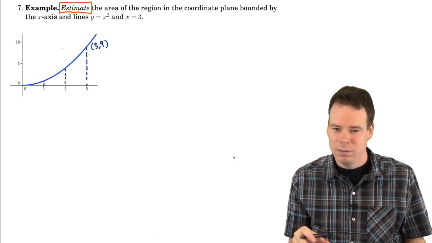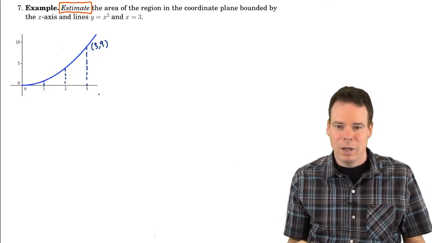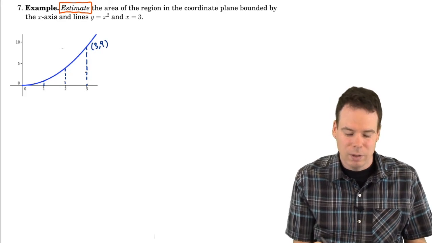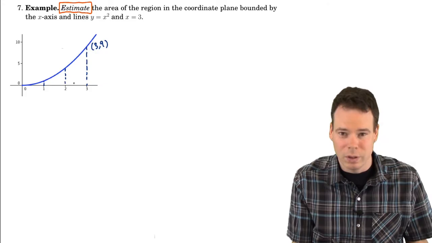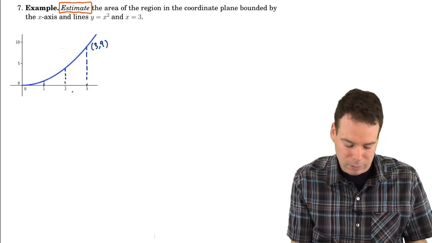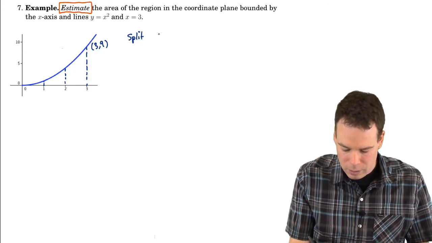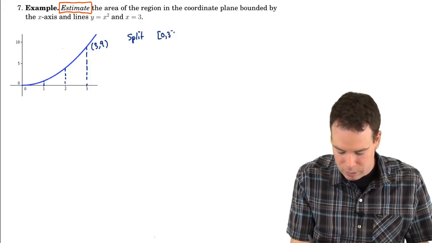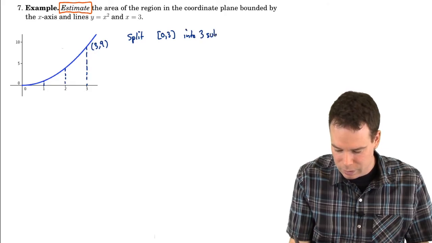But in general, you don't make such choices to make the numbers nice. You make them so that you get good estimates. And we'll see how we can modify these choices in a second to get better estimates. So what I'm going to do is split the interval 0 to 3 into subintervals, 3 of them, 3 subintervals.